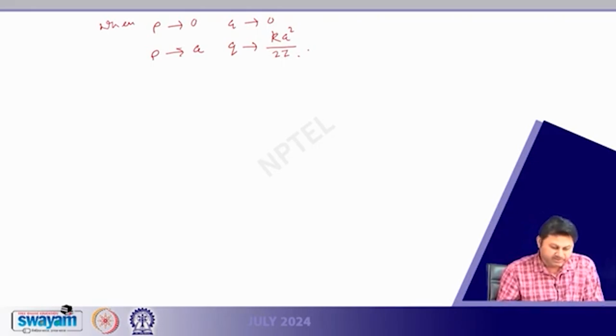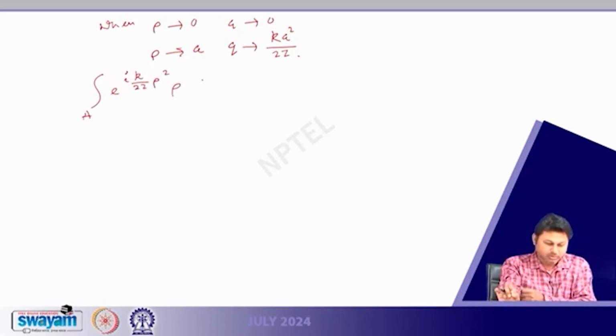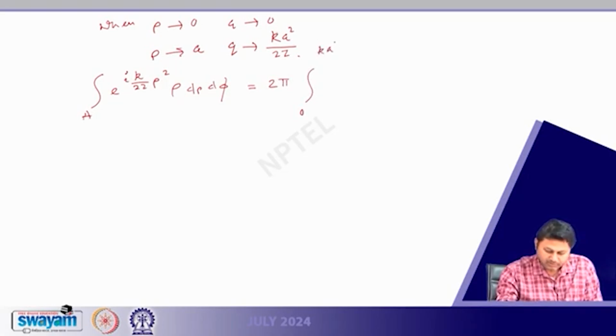Now putting all this together, this area integral, e to the power of i k over 2z rho square, rho d rho d phi, is essentially 2 pi times the integration from 0 to the upper limit k a square divided by 2z of e to the power of i q, then z by k dq.